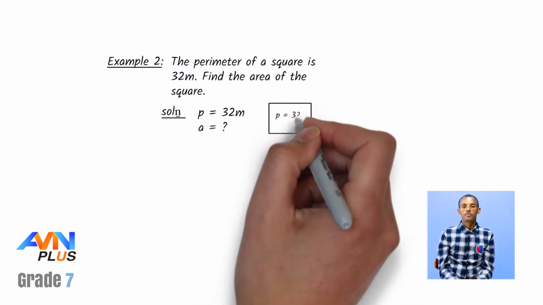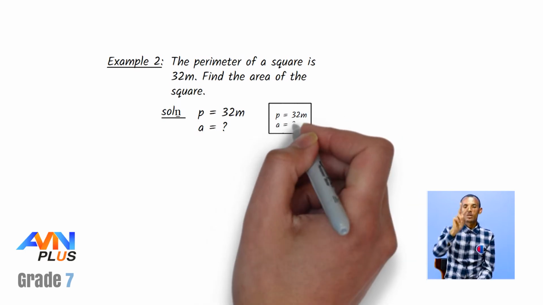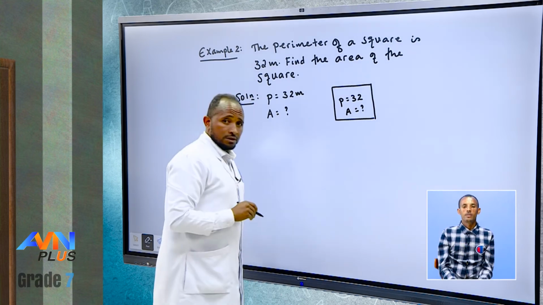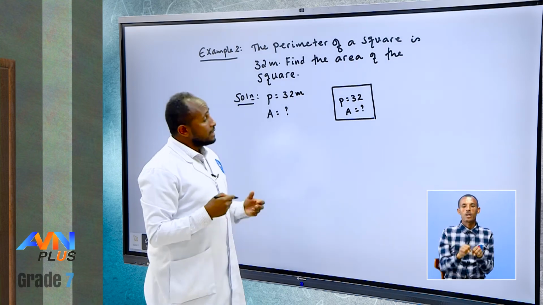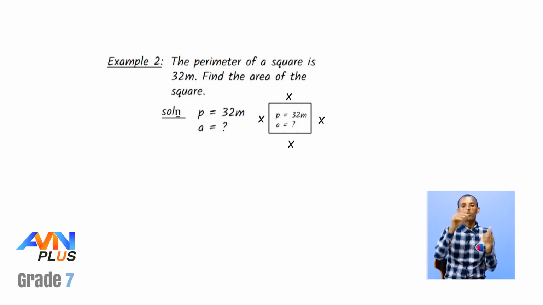Its perimeter is given to be 32, we are asked to find its area. Since all sides of a square are the same, let's assume the side of the square to be x. Each side will be x, the same.